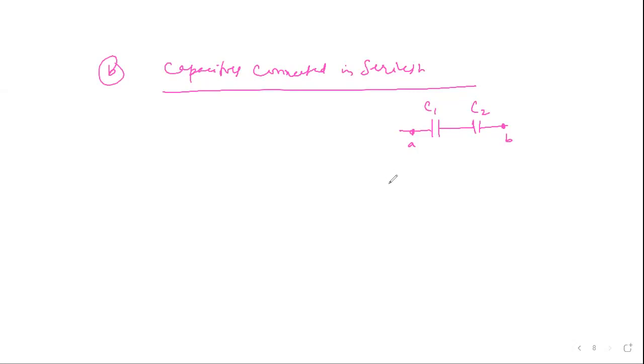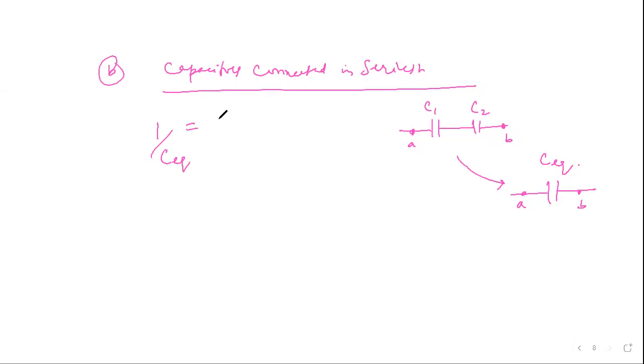And C equivalent is shown this way. Now, how we get C equivalent? This is the expression. I write them directly, I don't derive them, because I know you know them.